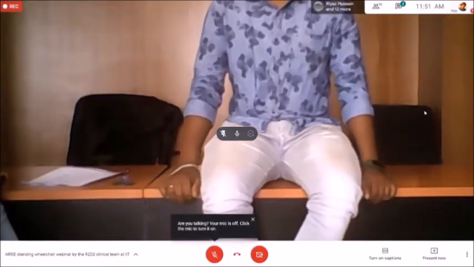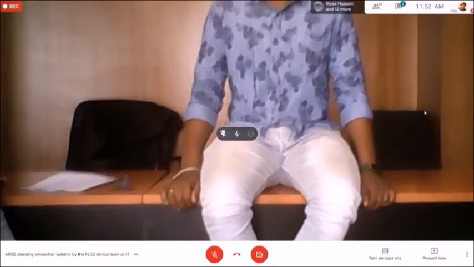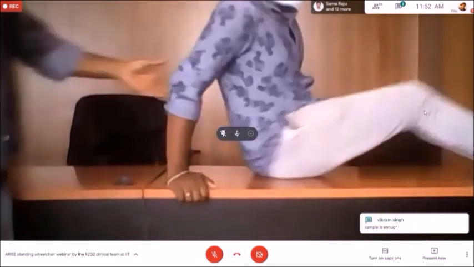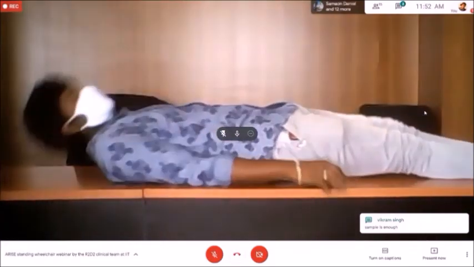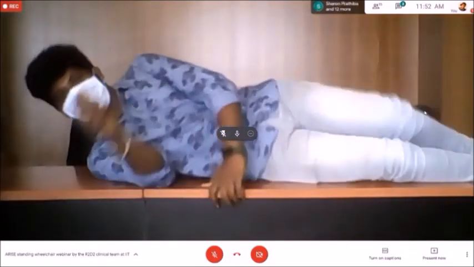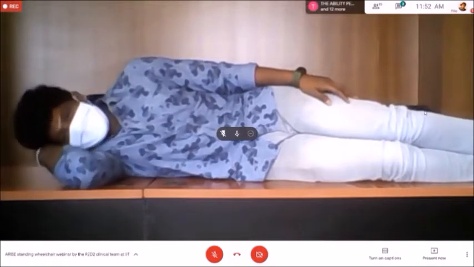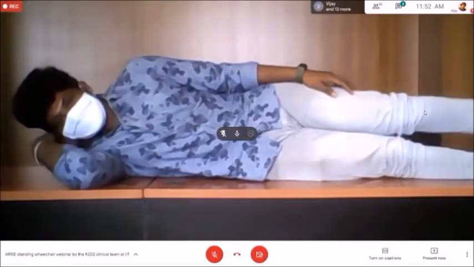Can you just lie down on your side, on your right side? It becomes easy when you are checking for the flexion and extension of the shoulder. Now we are going to check the left upper limb, and we are going to focus on the shoulder.